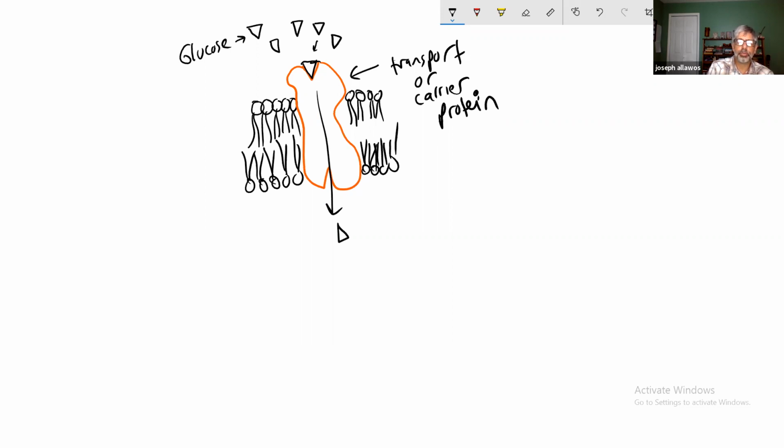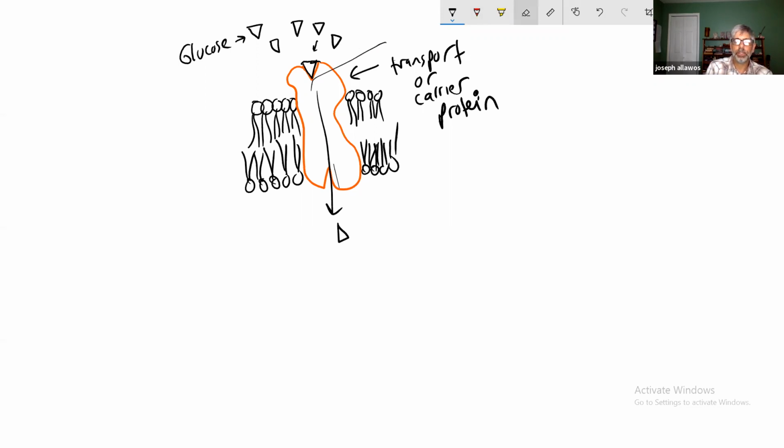Most of these transport proteins can transport in or out. Now you'll notice that a transport protein is specific to a specific molecule that it's going to move. It's not just random. It can't move a bunch of different molecules. Okay, so let's think about some scenarios of this and whether or not they would take energy. I guess that might be something that you would want to think about.